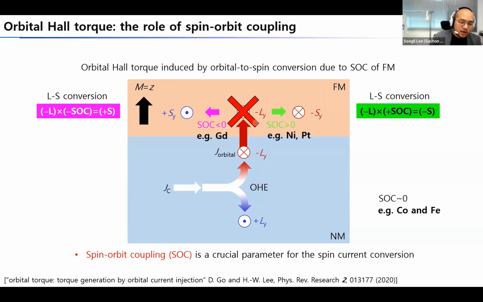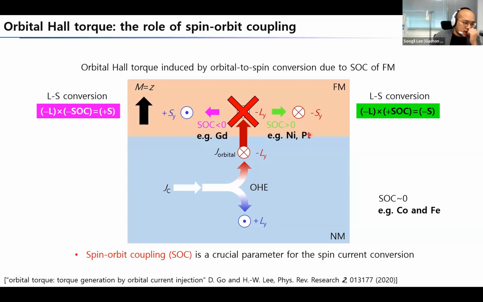For example, negative orbital angular momentum, minus Ly, can be converted into a positive spin angular momentum, plus Sy, by the negative spin-orbit coupling of this gadolinium. On the other hand, the same negative injected orbital angular momentum, minus Ly, can be converted into negative spin angular momentum by the positive spin-orbit coupling of this nickel.